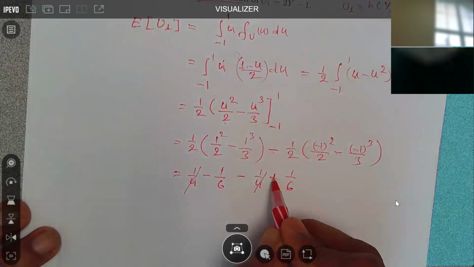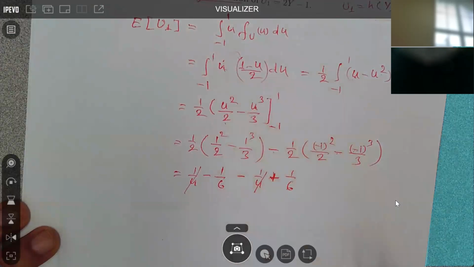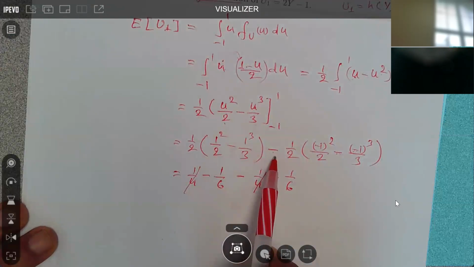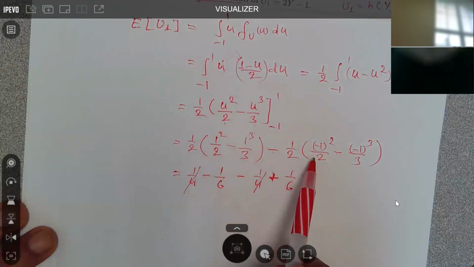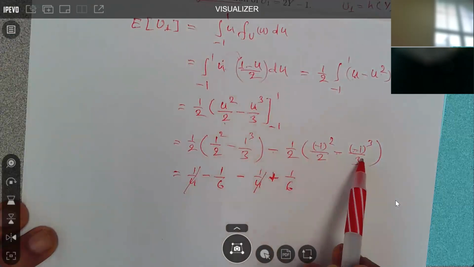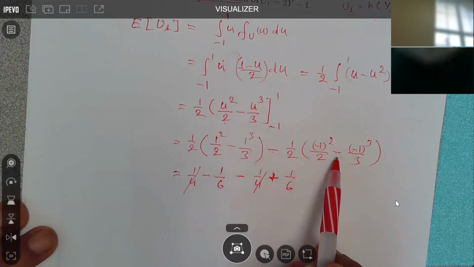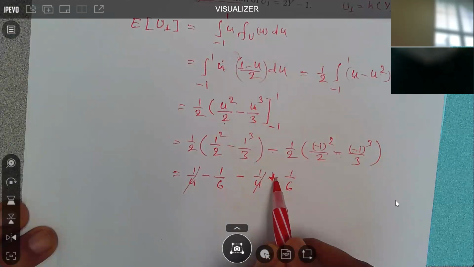So this is positive, right? This is 0. It's not a 0. Where is the mistake there? This is negative here.